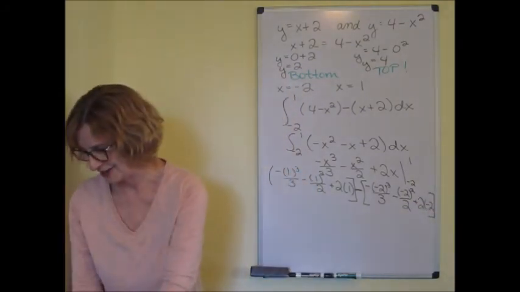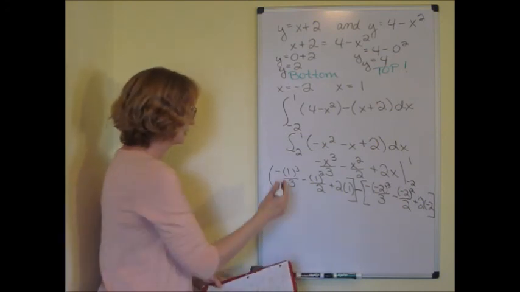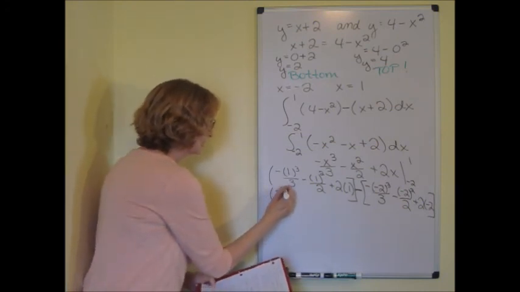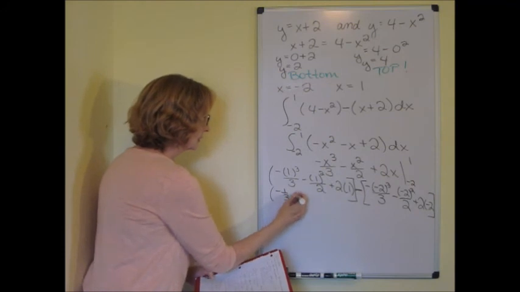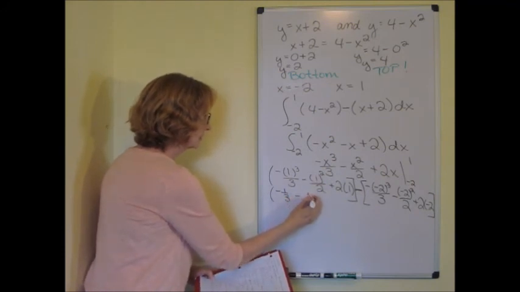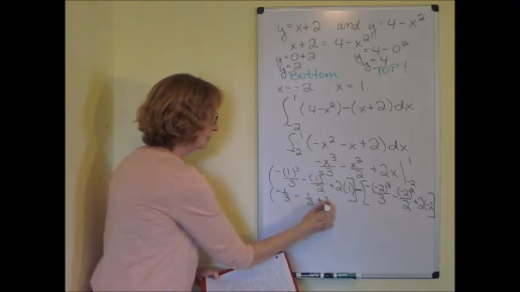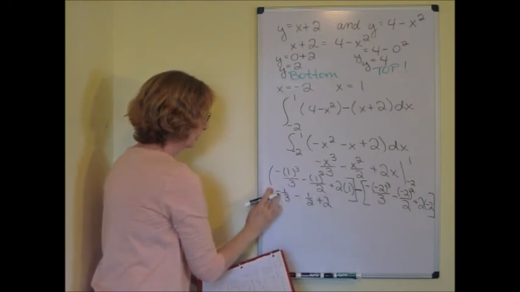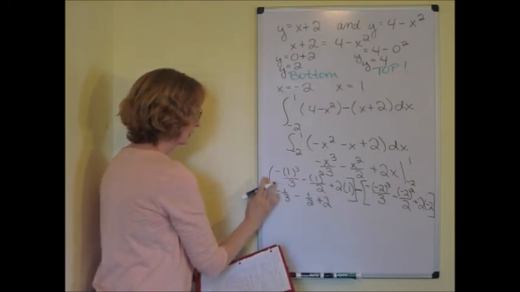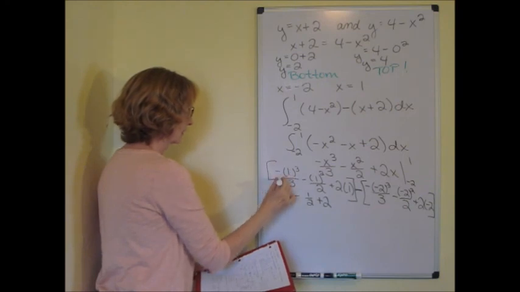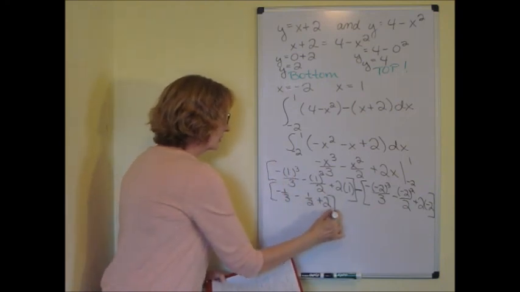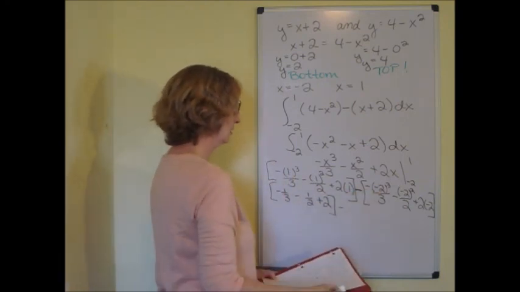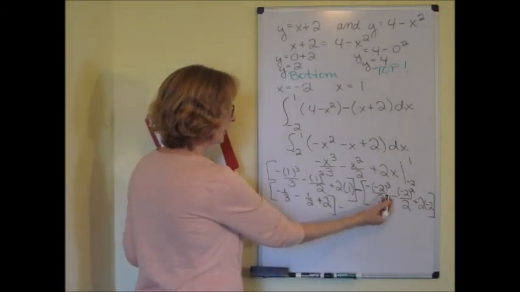Carefully using our calculator. So this will be a negative 1/3 minus a 1/2 plus 2 for our first part. Minus, and now plugging in here, let's see, negative 2 cubed is negative 8.